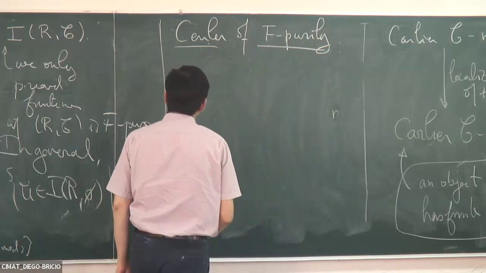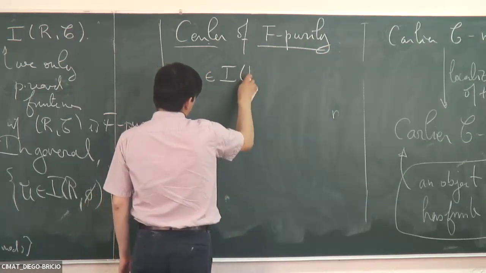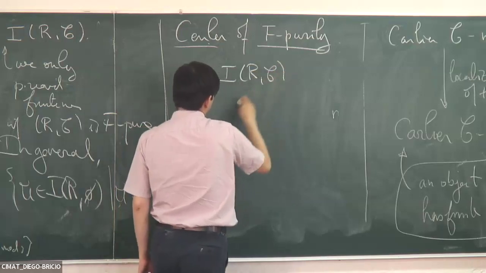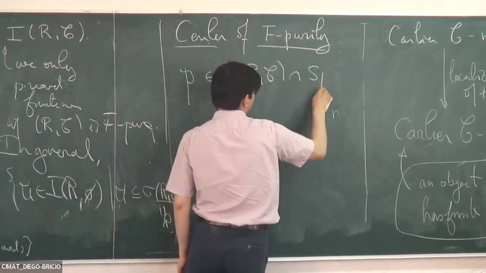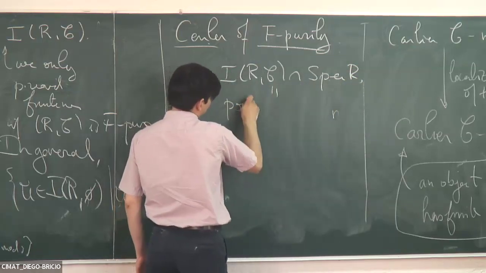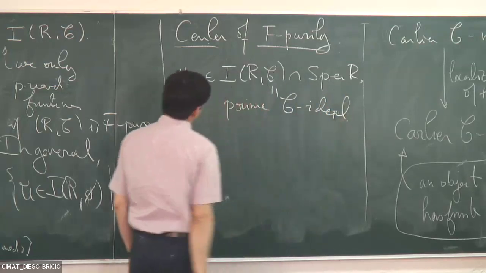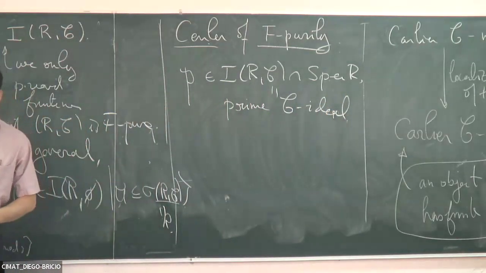What was the center of purity? The center of purity was a prime ideal that was compatible. It was a C ideal, but also it is prime. In other words, it is a prime C ideal. But there is one more condition.